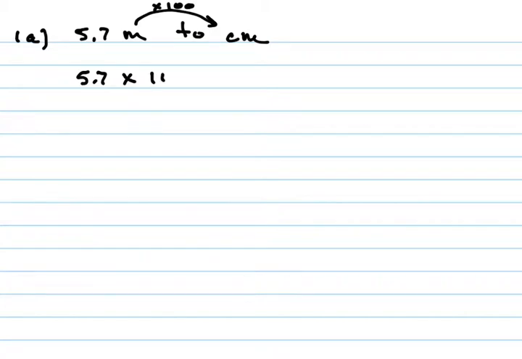So 5.7 times 100. You can either do that with your calculator, or you can remember that if you're multiplying by something with one and two zeros, it's just going to move that decimal 2 places to the right. So you can move the decimal so that becomes 570 centimeters. Or you can simply take 5.7 times 100 in your calculator, which is probably what you do anyway. Okay?